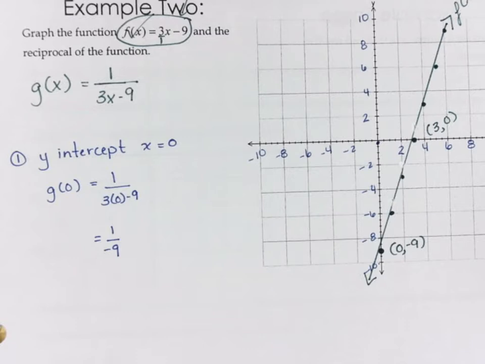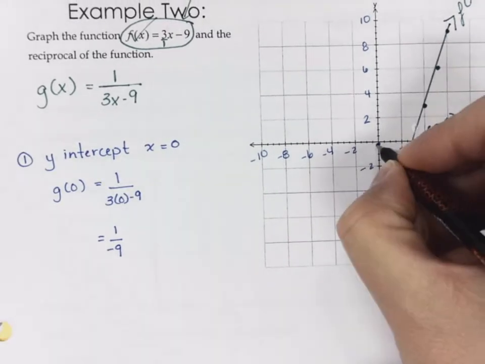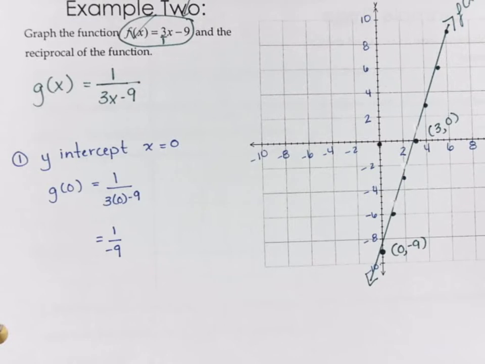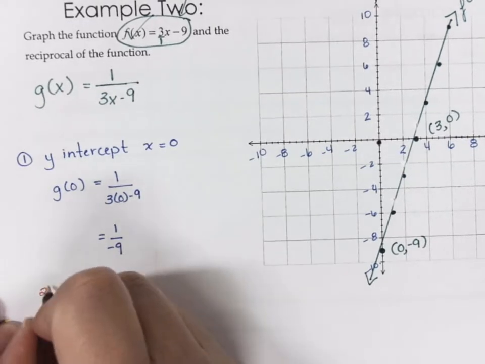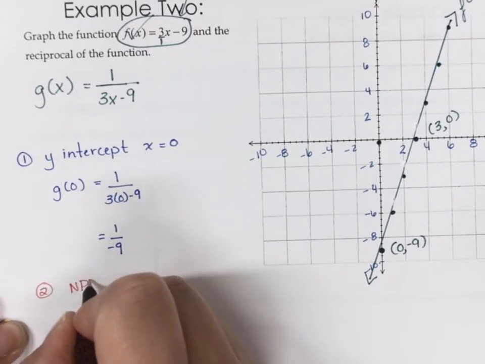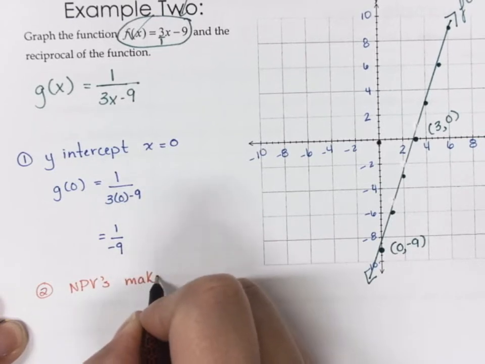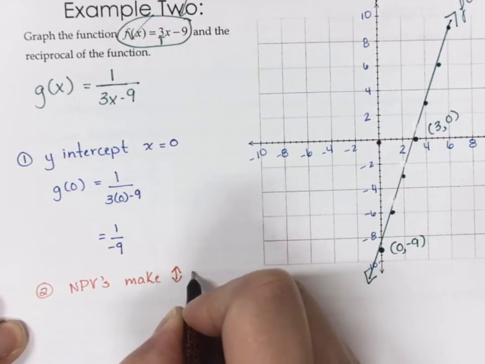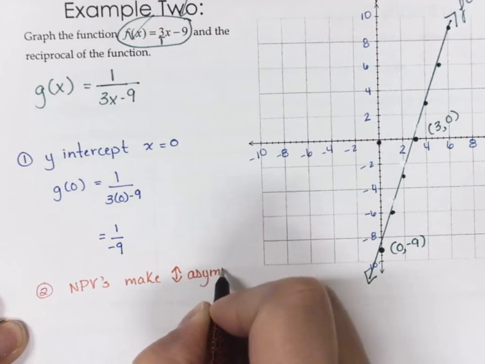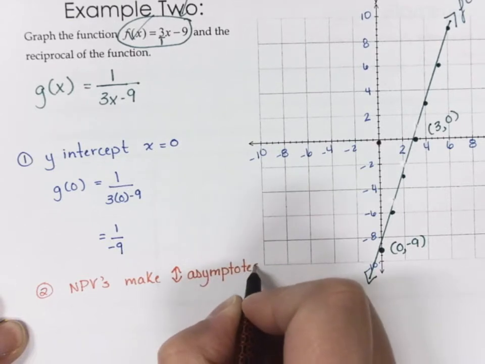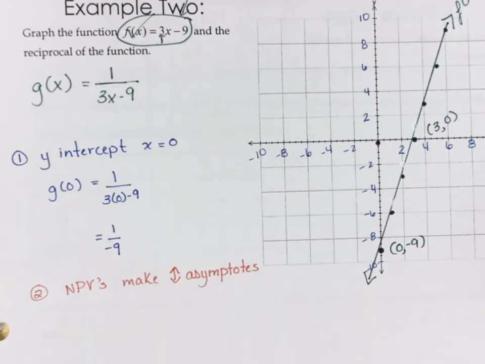Okay, there. I should probably use not blue. I should probably use red. All right. So then step 2 was to find your NPVs and make those vertical asymptotes. Okay, so NPVs, what are my NPVs?